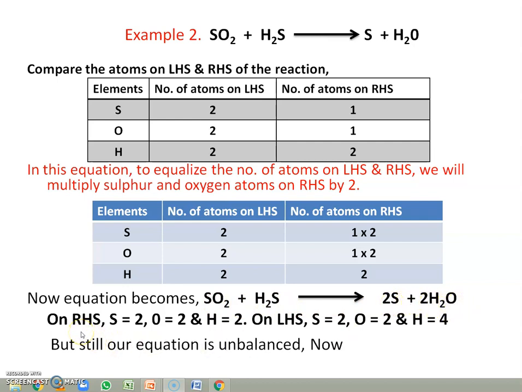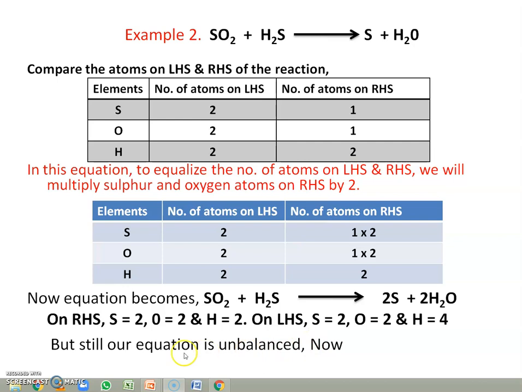Now, when you see properly, you will find that on the reactant side, the number of sulfur atoms is 2, oxygen atoms are 2, and hydrogen atoms are 2. While on the product side, sulfur atoms now become 2, oxygen atoms become 2, and hydrogen atoms become 4.